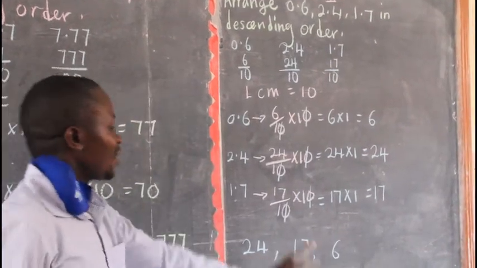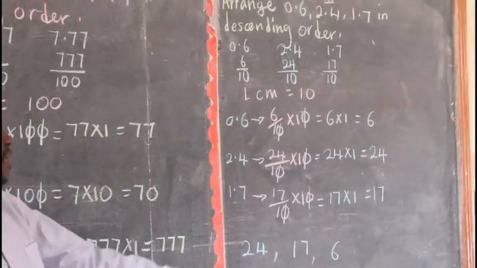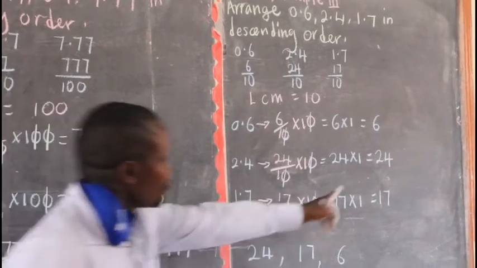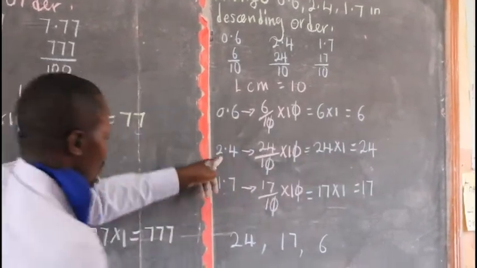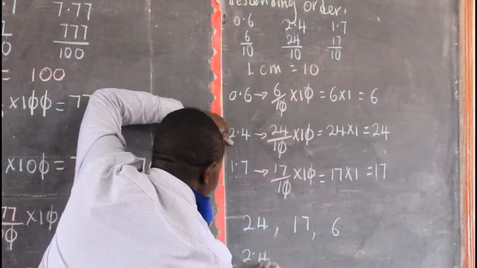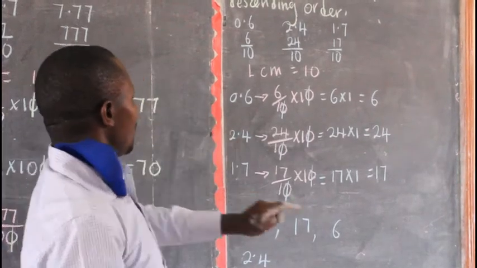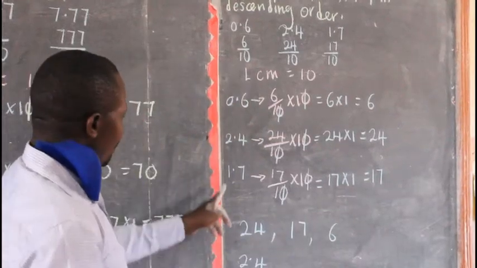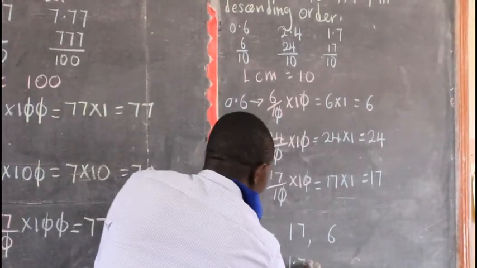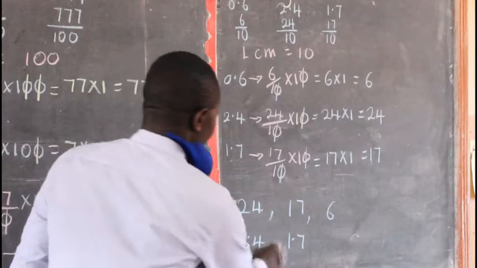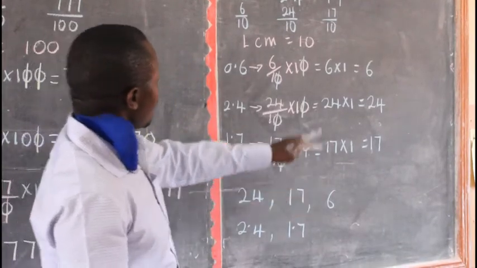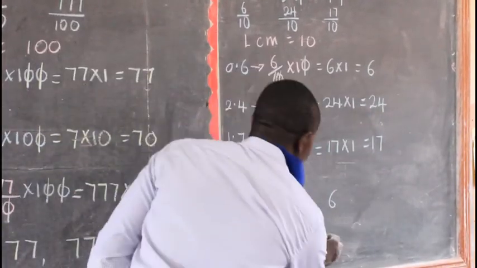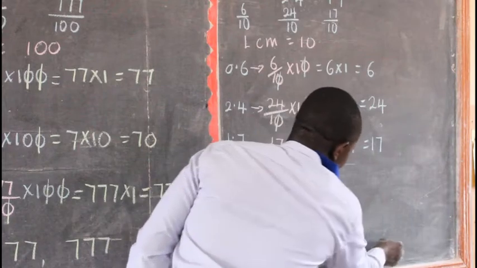Then, after writing like that, you write their decimals. 24, its decimal is 2.4. 17, its decimal is 1.7. Lastly, 6, its decimal is 0.6.